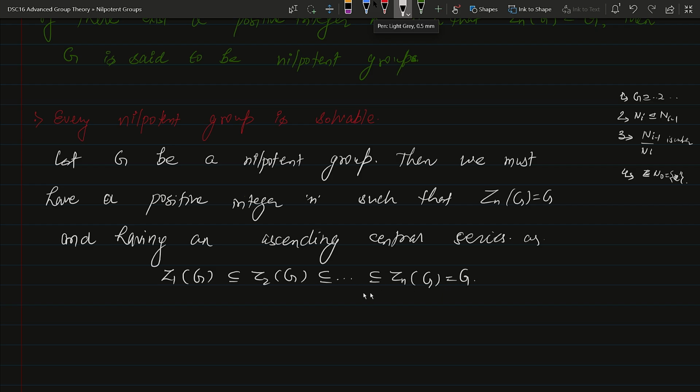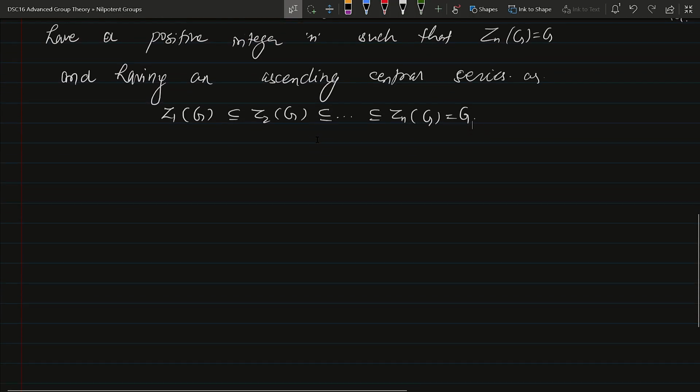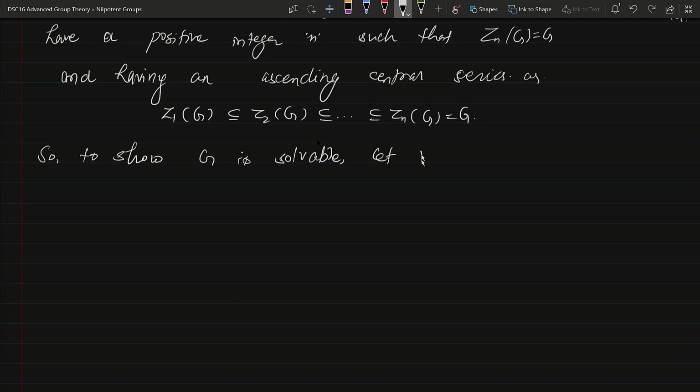Now, to show G is soluble, let us suppose this is our series 1.